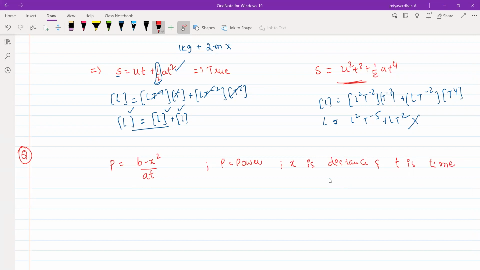Then what you need to find out: find the dimensions of a and b. Easiest question, ma.